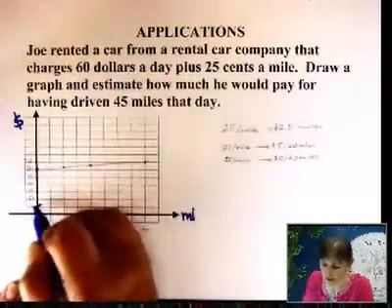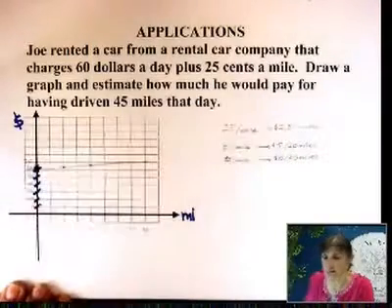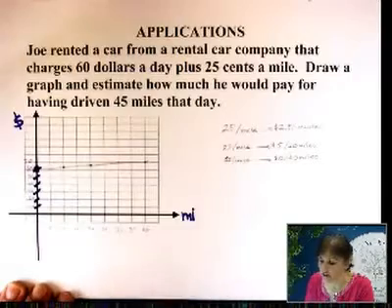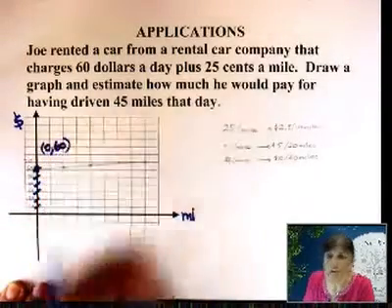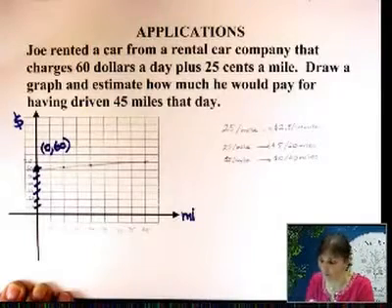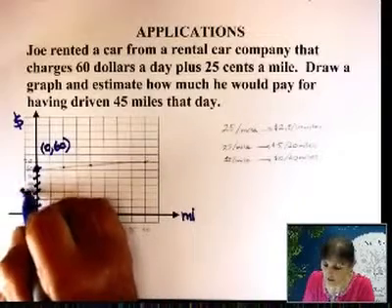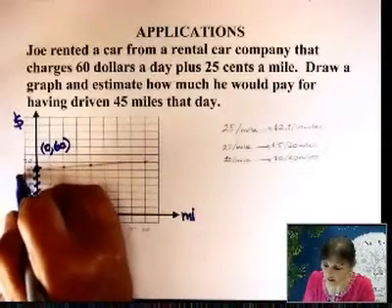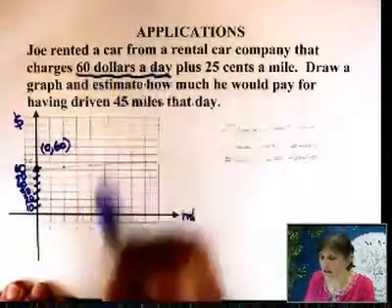So let's go 10, 20, 30, 40, 50, 60. At 0 miles driven, he still has the point (0, 60). This is my y-intercept, remember? So that takes care of the $60 a day.